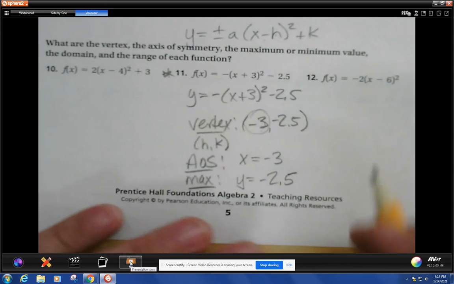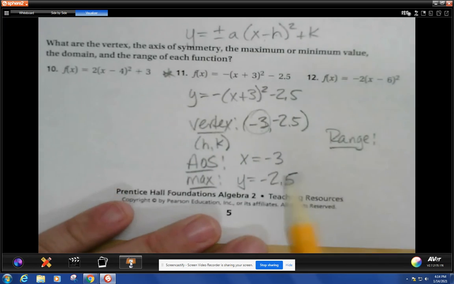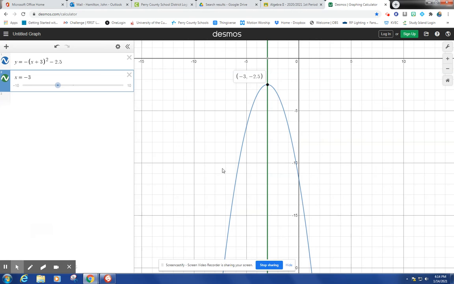Last but certainly not least, let's talk about our range. So again, this particular graph goes on forever in the negative direction, but you notice that it does in fact have a top, right? This is the top of the graph where it really starts. So the graph really starts here and it goes down negative to negative infinity.